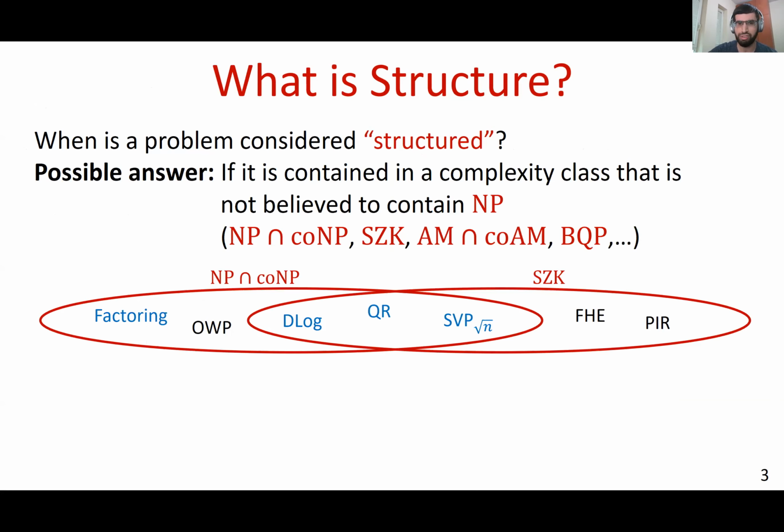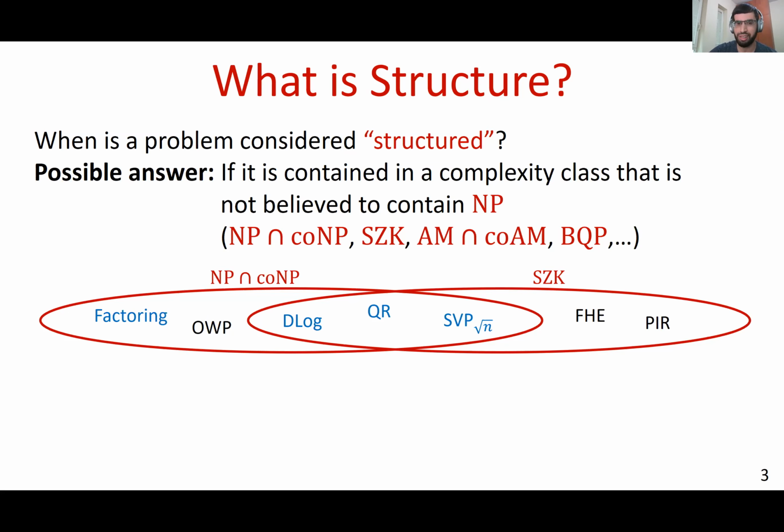However, a popular choice is to say that since one-way functions already imply the existence of hard languages in NP, a problem is structured if it is contained in a complexity class not believed to contain NP, such as NP intersect coNP and statistical zero knowledge. And the intuition is that we can show that the language belongs to this class by exploiting its structure.